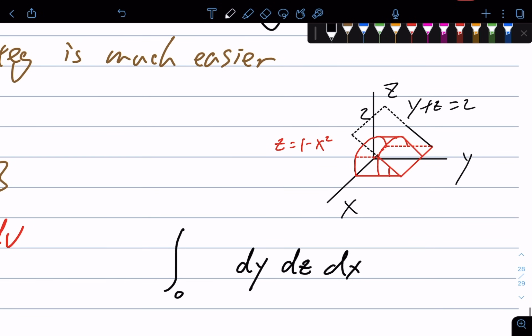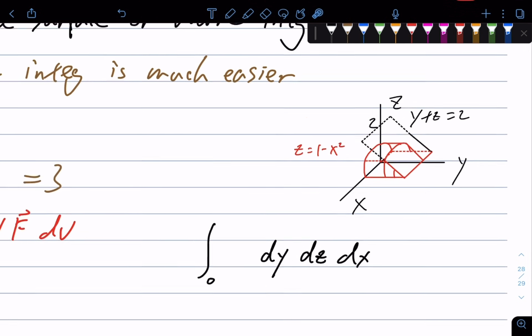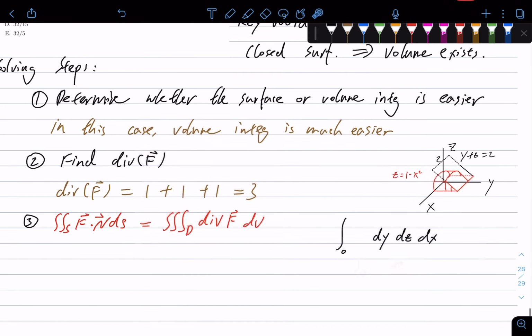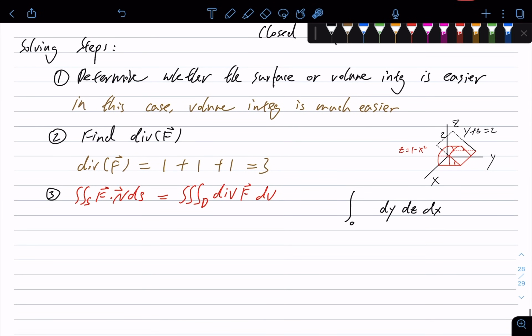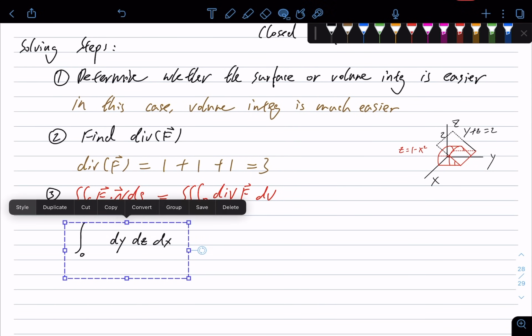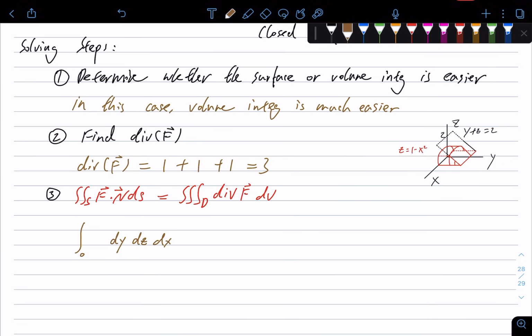Well, if you look along this direction, the upper surface is always bounded by the equation of the plane. Did you notice? It's always bounded by the equation of the plane. So this will make our life a lot easier. So that's the order of integration we're going to choose: dy dz dx.